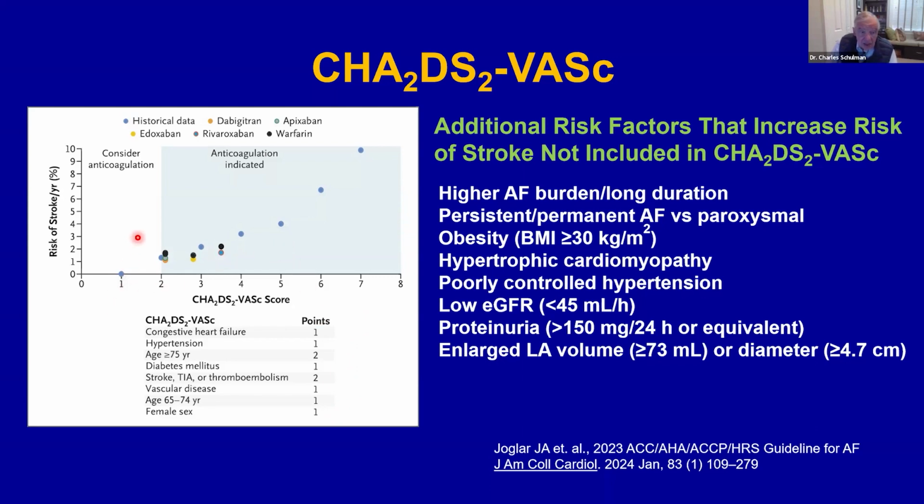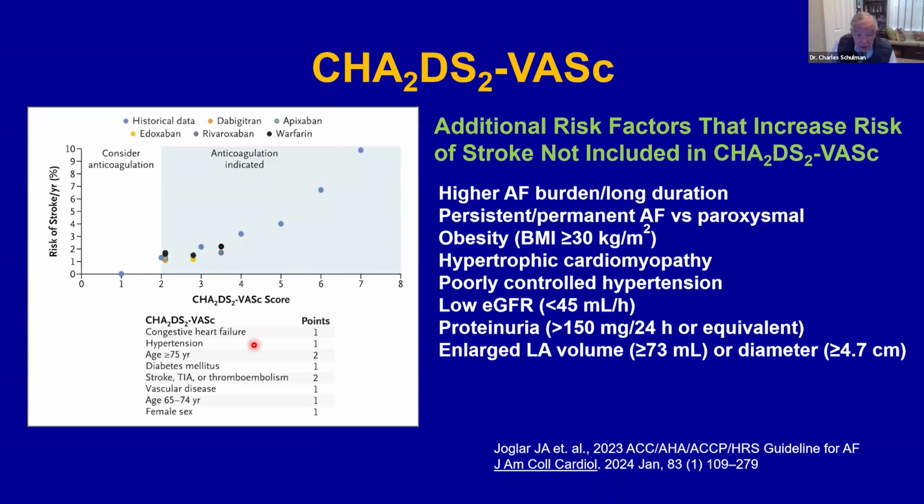And as you can see here, with a CHADS-VASc of at least 2, anticoagulation is indicated. There are some other additional risk factors that increase the risk of stroke, which are not included in that, including a higher atrial fibrillation burden, obesity, hypertrophic cardiomyopathies, an infiltrative cardiomyopathy called amyloid cardiomyopathy, poorly controlled hypertension.